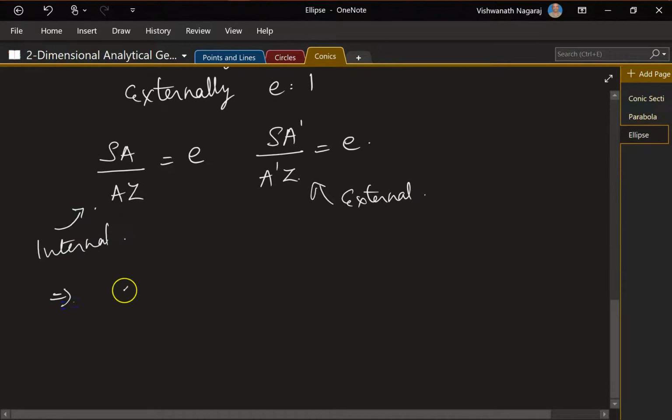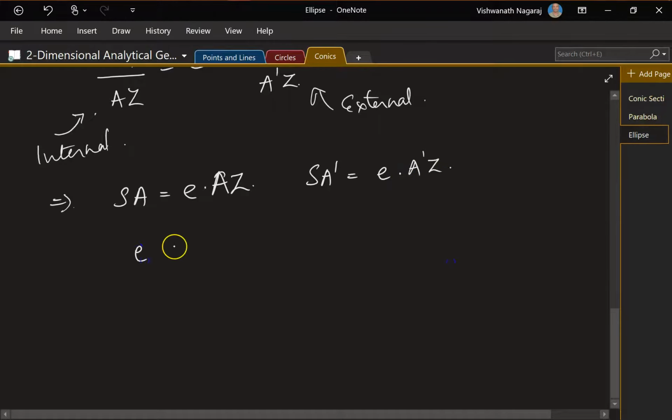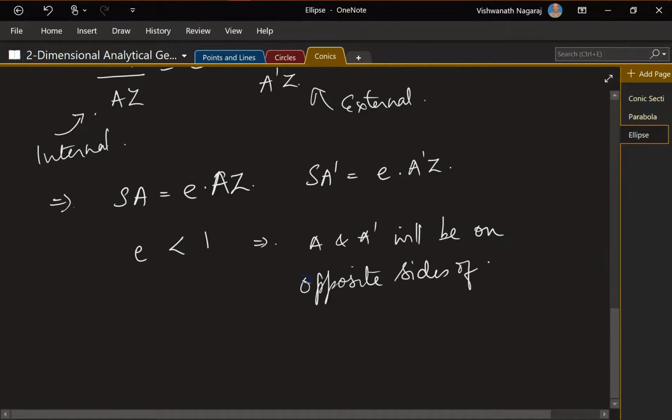So this implies that SA is equal to E times AZ and SA prime is equal to E times A prime Z, and we know that E is going to be less than 1, which implies that A and A prime will be on opposite sides of S.